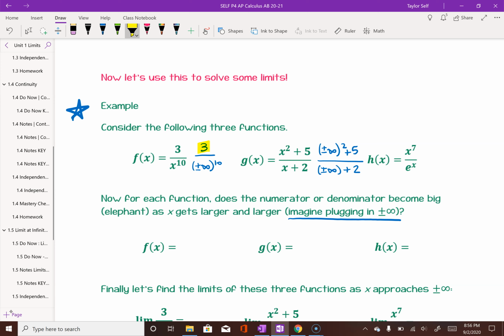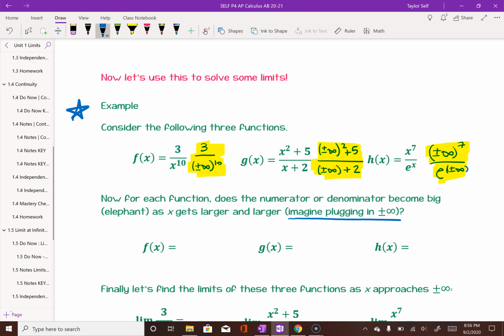So I'm not saying that we're actually plugging in plus or minus infinity, but we're imagining what would happen if we did. And then h of x would be plus or minus infinity to the 7th over e to the plus or minus infinity. Okay, that's what these would look like if we were to plug in plus or minus infinity.